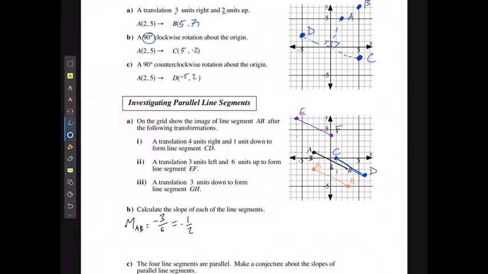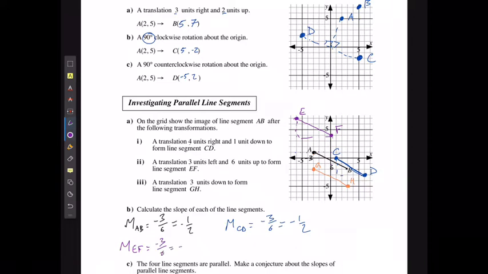For CD, that one is also down 3, right 6. The slope of CD is going to be negative 3 over 6 or negative 1 over 2. Slope of EF, well, to get from E to F, I'm going to go down 3, right 6. And it's going to be negative 1 over 2.